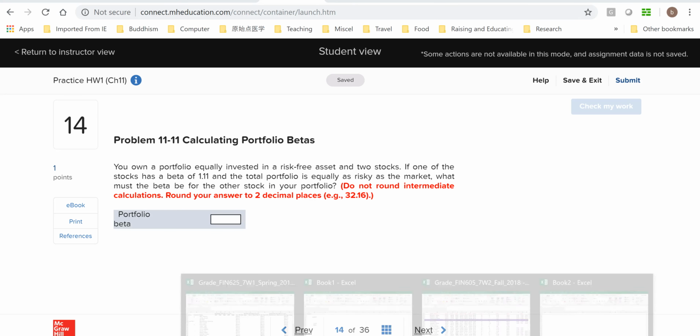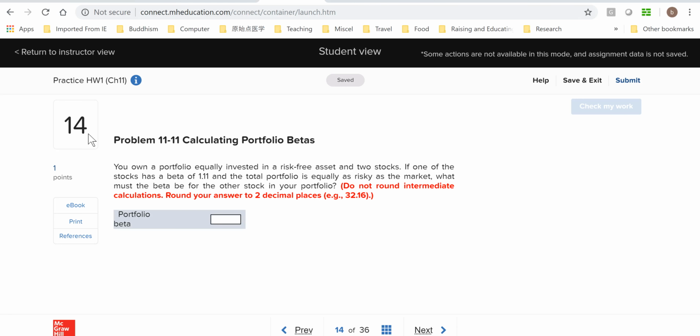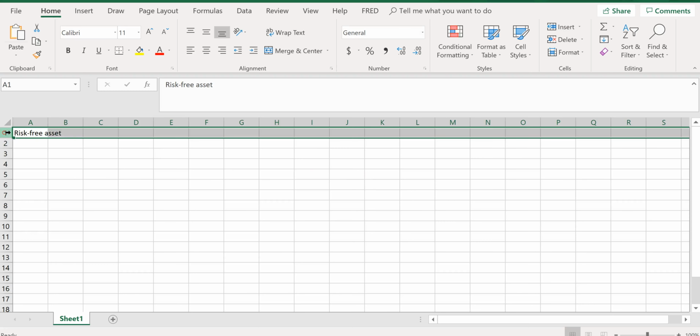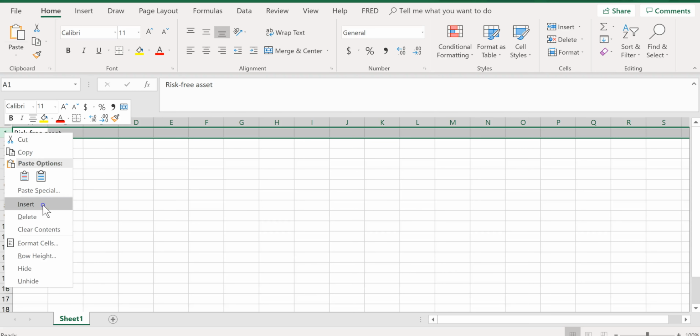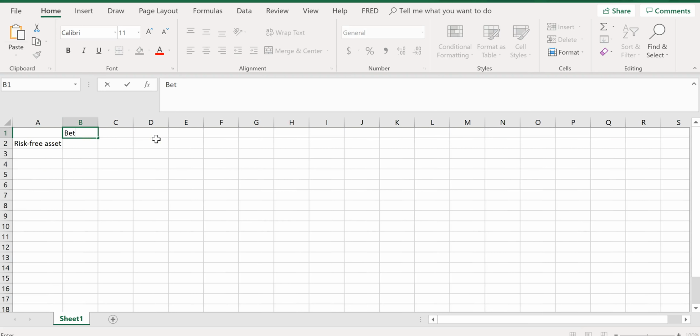So let me set up the equation first. Here we have basically three assets within the portfolio. One is the risk-free asset. Let me write down the beta first. For the risk-free asset, we know that beta is 0.